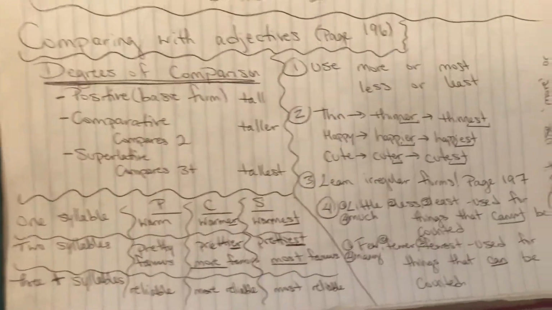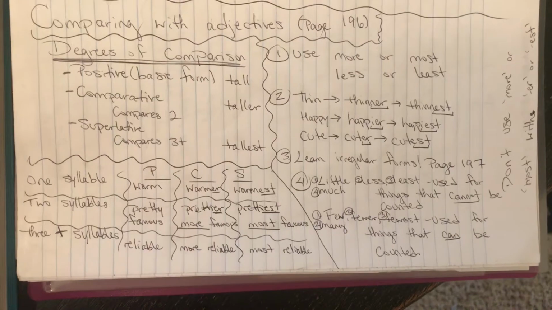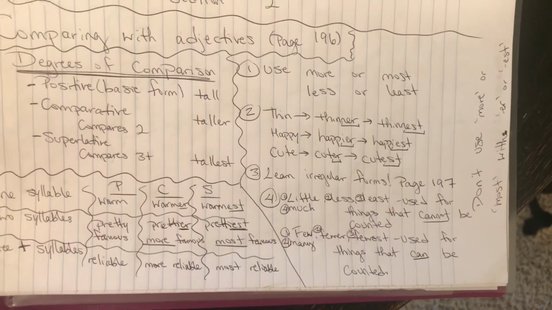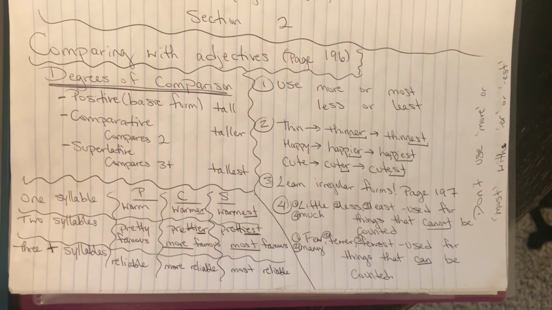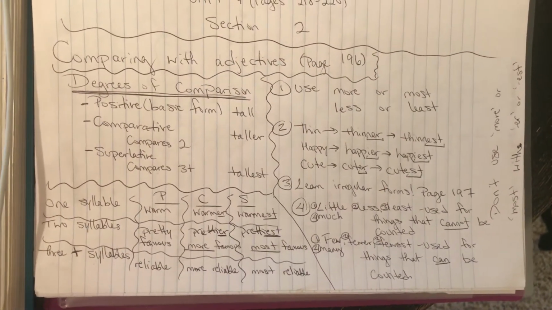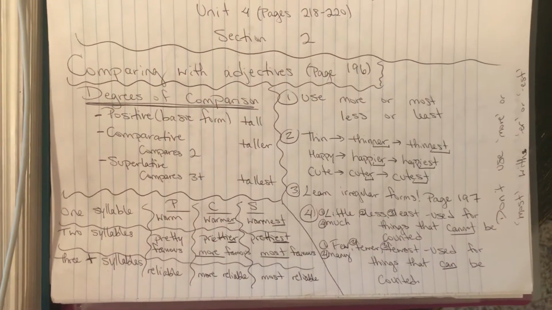Okay. So we have our rules here with the degrees of comparison, with our syllables, and with our rules. So if you want to pause it here, you can. But let's look at 31. So we're on page 219 in our book.